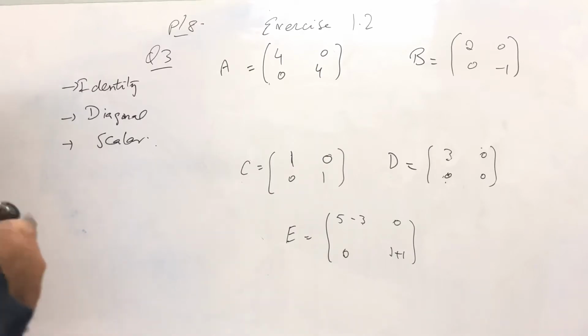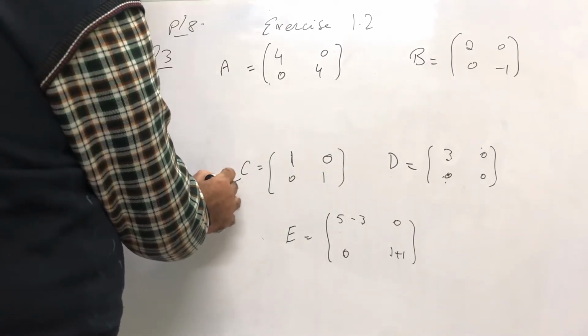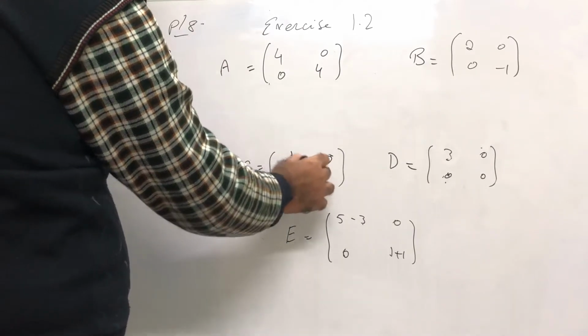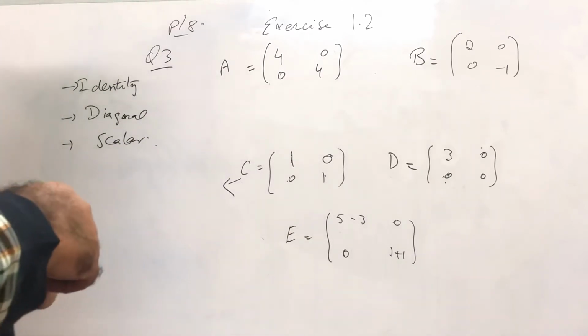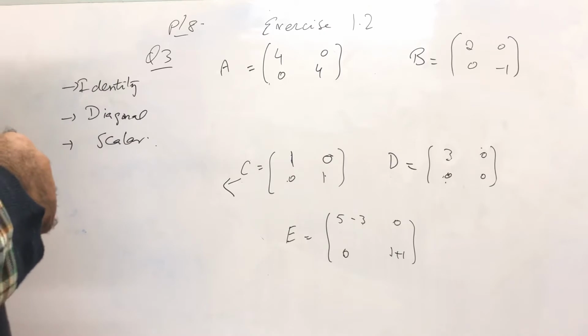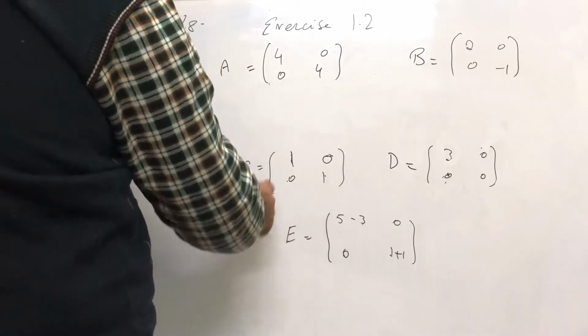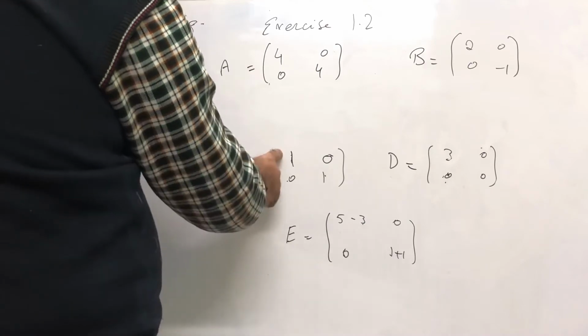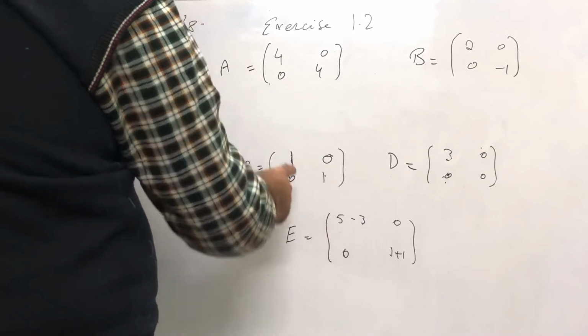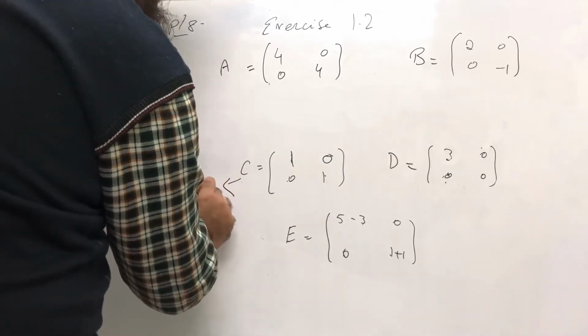So we'll start now. These are also properties of matrices. The simplest is this C, 1 0 0 1. A unit or identity matrix is that matrix where non-diagonal entries are 0. These are non-diagonal entries, these are 0, and the diagonal entries are 1, 1. So this is an identity matrix.